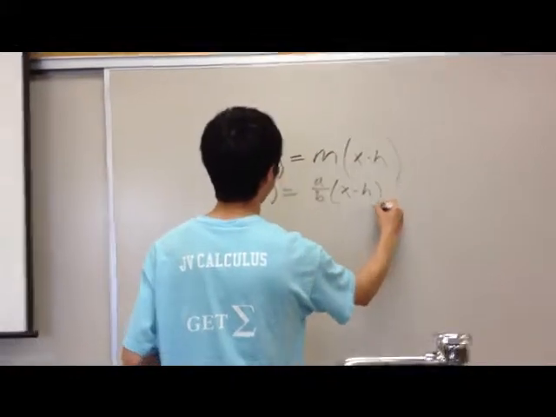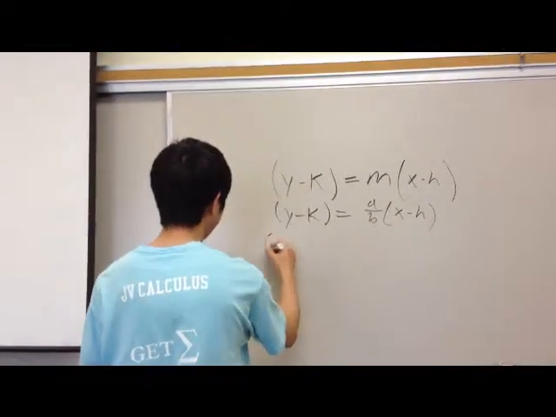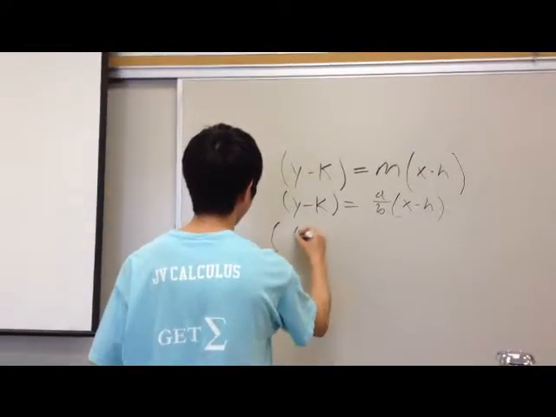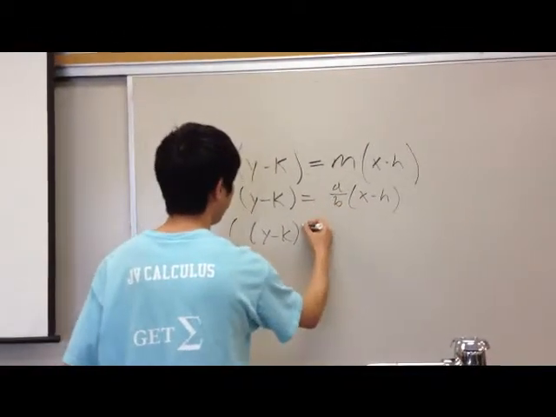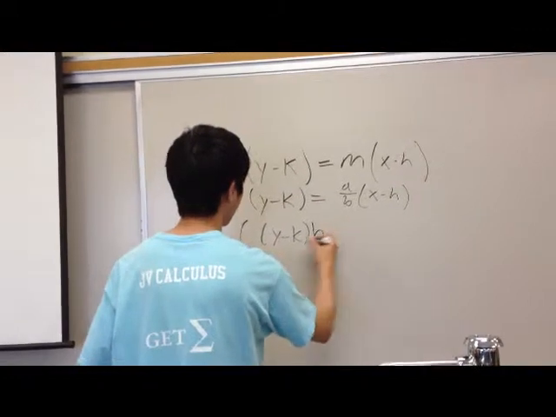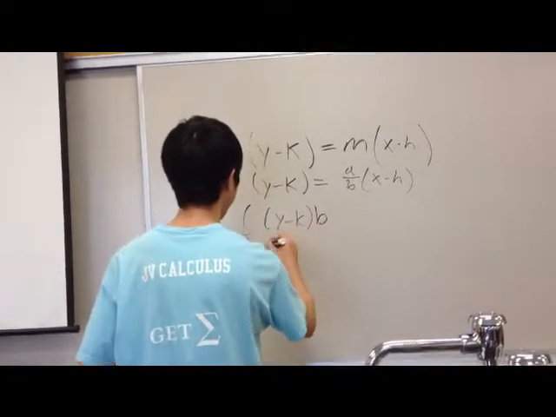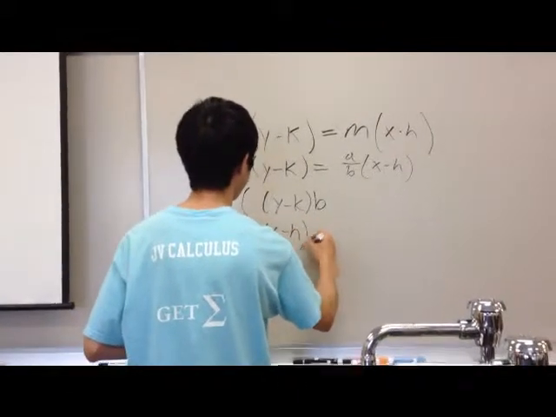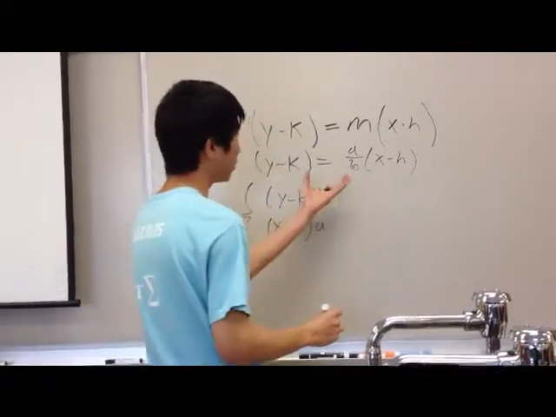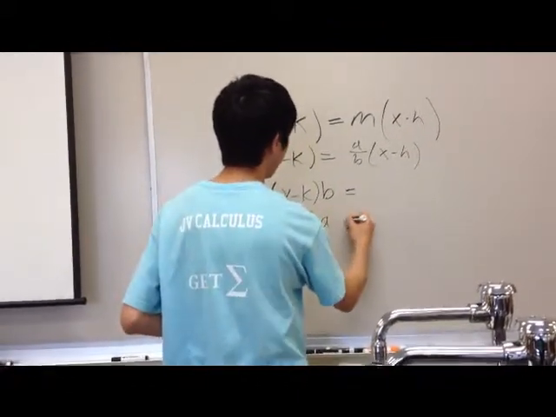And then we get the two equations, which are y minus k times b and x minus h times a, and we can set both of them equal to t.